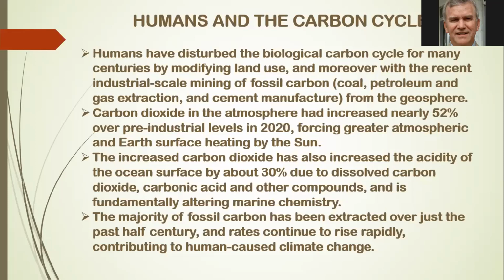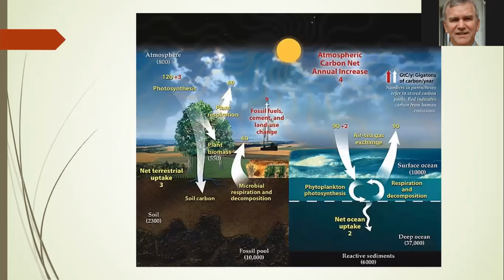Next slide. This graphic is an attempt to present the actual measurement in gigatons of carbon per year that are delivered to the atmosphere, as well as to the oceans and to the soil.